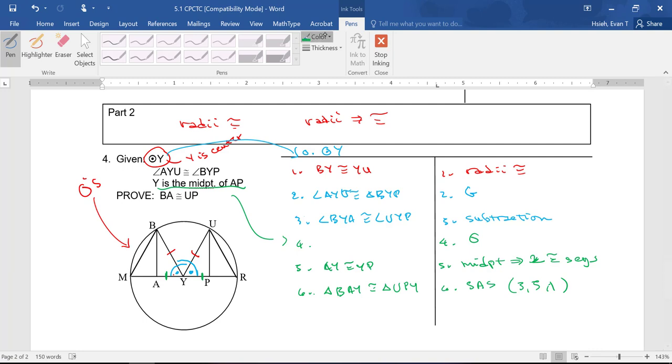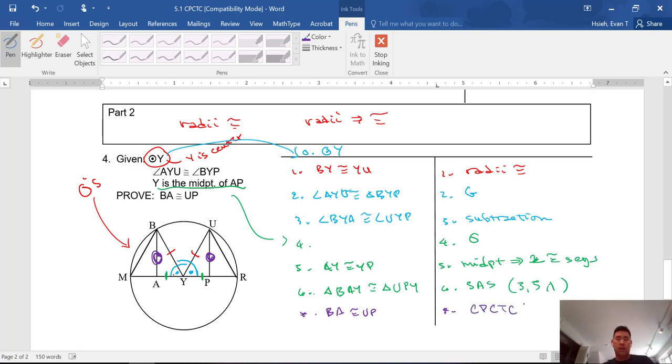And now hopefully you can see that where we were headed with this was I can jump to say that these two are congruent. BA congruent to UP by CPCTC. Okay? Alright, so hopefully you're okay with CPCTC. Give the homework a try.